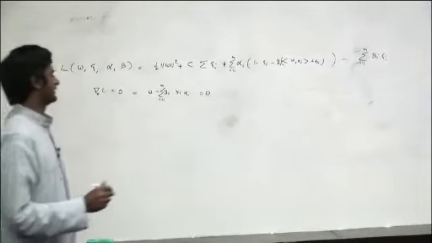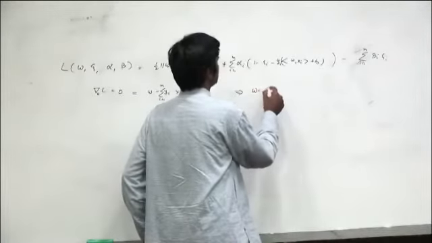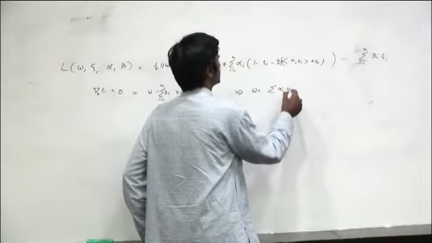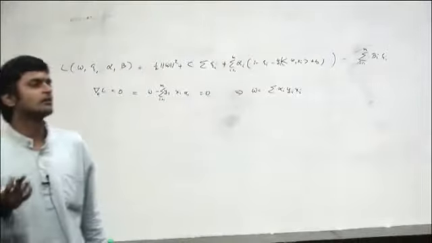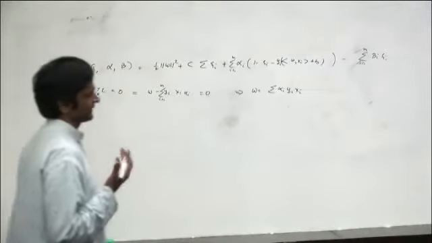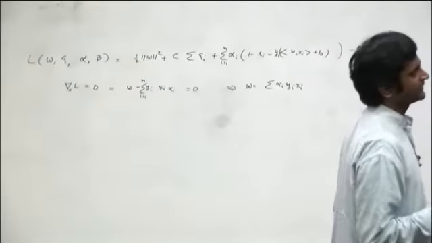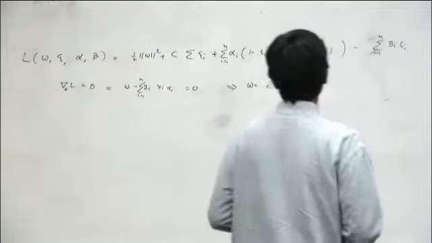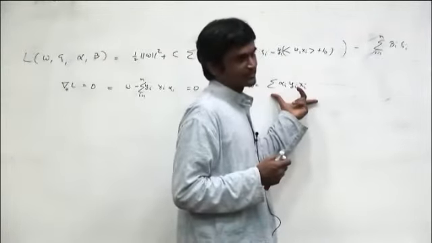Okay, so this leads you to the first non-trivial conclusion, which says that your weight vector must be expressible as this. It must be a linear combination of your data. And this in fact is a very powerful statement, because it says that in whatever space your data lies in, your weight vector will only be a linear combination.